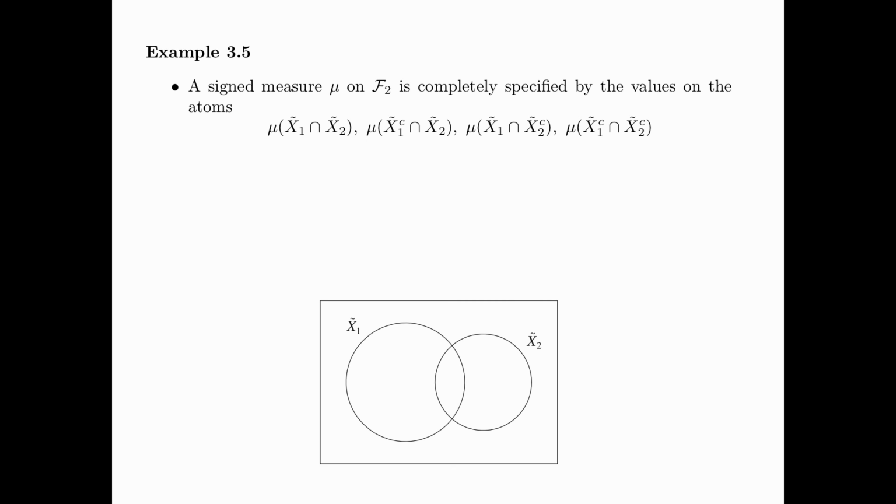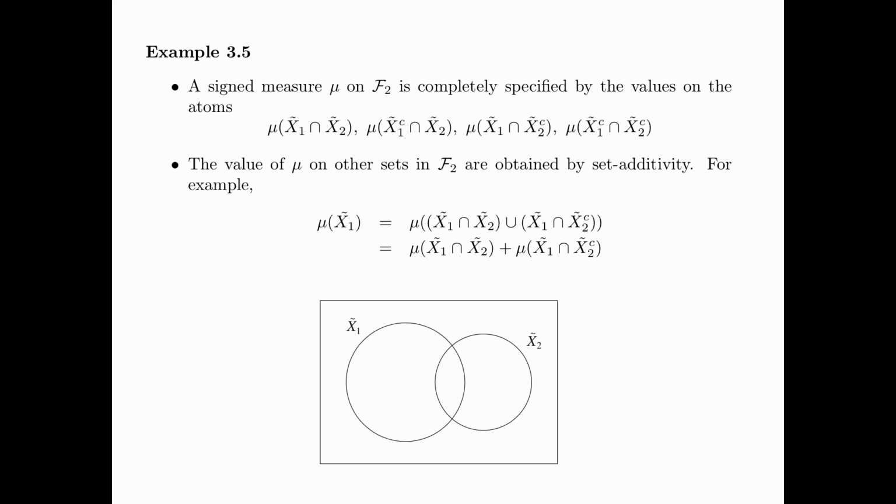Here is an example. A signed measure mu on F2 is completely specified by the values on the 4 atoms that we have seen before. The values of mu on the other sets in F2 are obtained by set additivity.